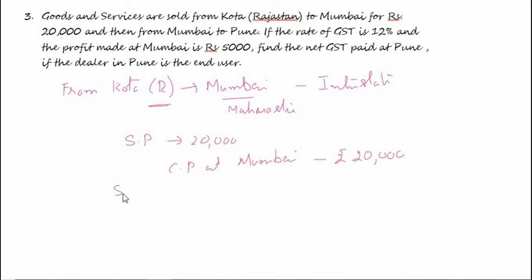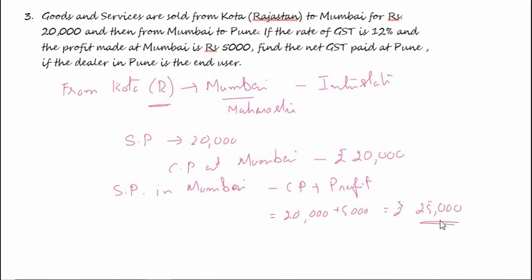So what is the selling price in Mumbai? It is CP plus profit, that is 20,000 plus 5,000, equal to rupees 25,000. 25,000 is the selling price when the goods are sold from Mumbai to Pune.